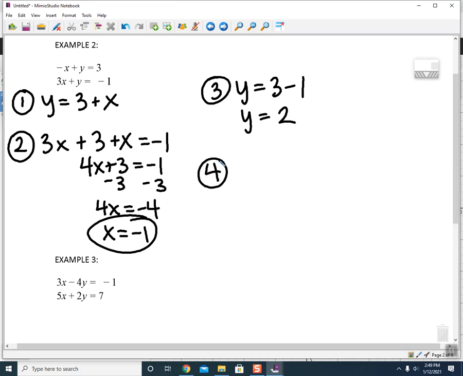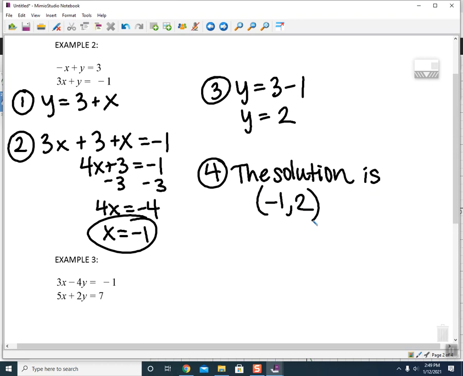Final step is step 4. The solution is negative 1, 2. Here's what I'm going to say about this too: you may get to a point where you're like, I got an answer, but I don't know if it's the right answer.